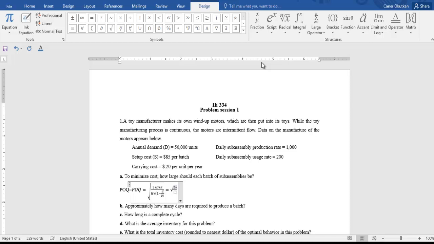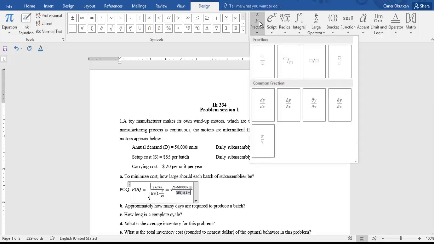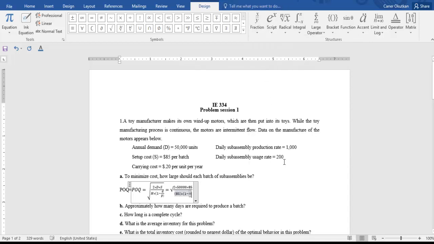To multiply demand, what's our annual demand? 50,000, and our setup cost is $85 per batch, divided by holding cost, and 1 minus demand divided by production rate.